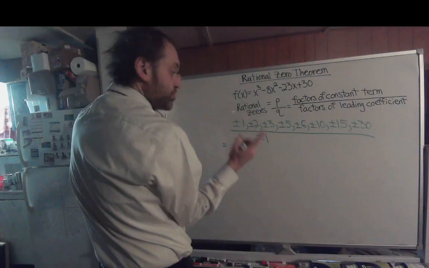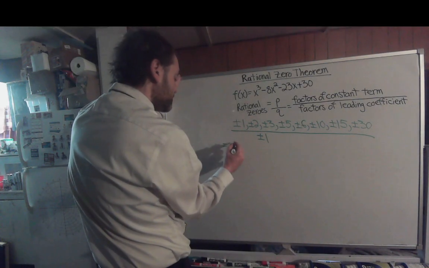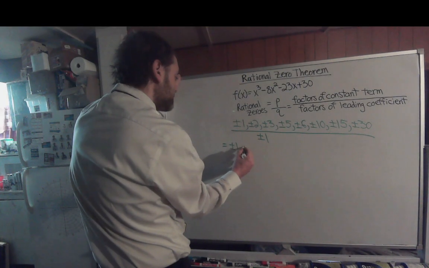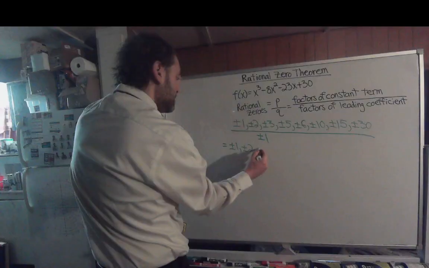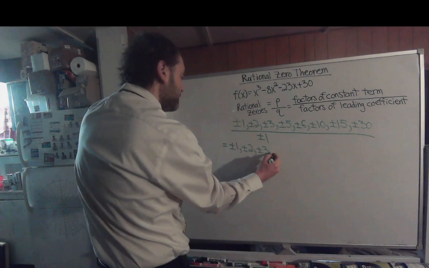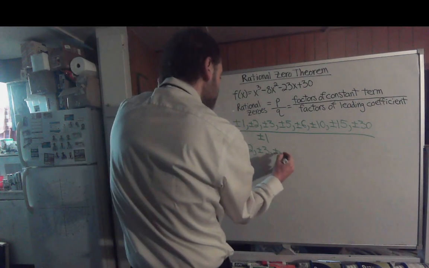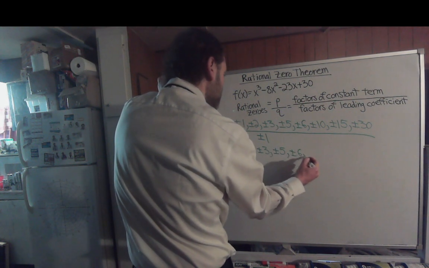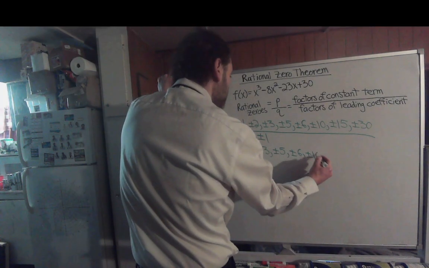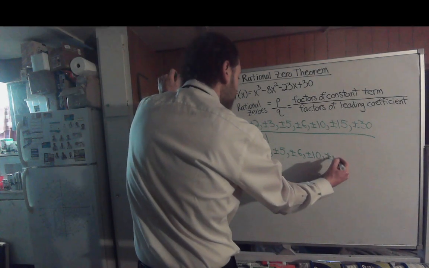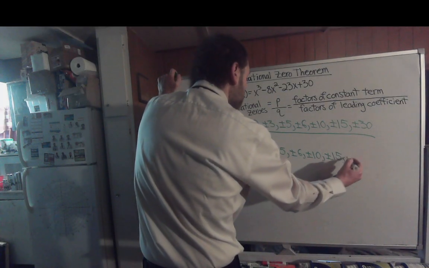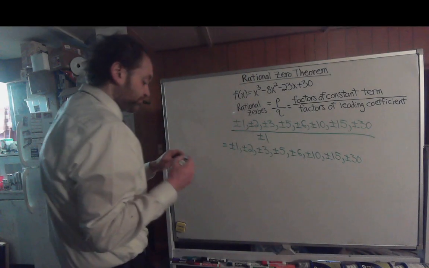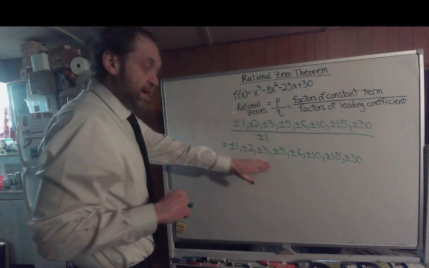So in other words, your possible rational zeros are going to be plus and minus 1, plus and minus 2, plus and minus 3, plus and minus 5, plus and minus 6, plus and minus 10, plus and minus 15, plus and minus 30. Alright, so we found our rational zeros.